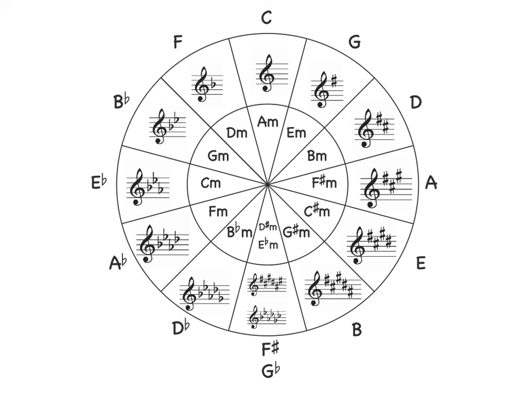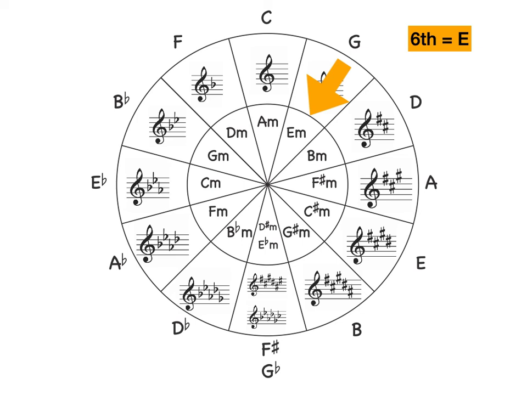Now, to work out the relative minor to a major scale, you have to go to the sixth note. So for example, the sixth note of C major is A, meaning the relative minor of C major is A minor.